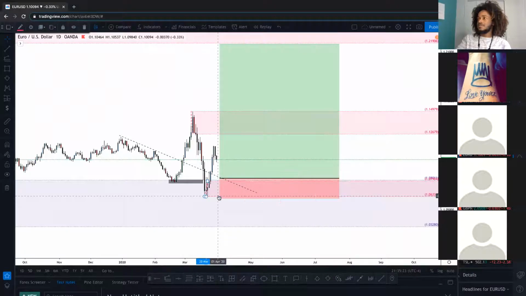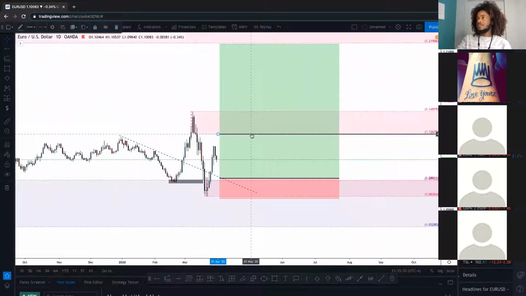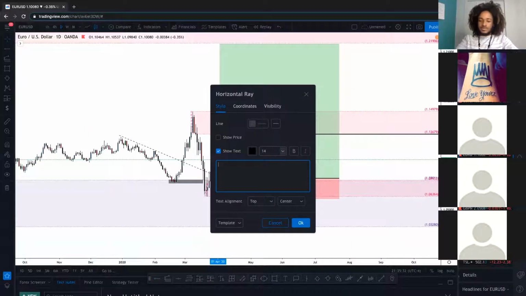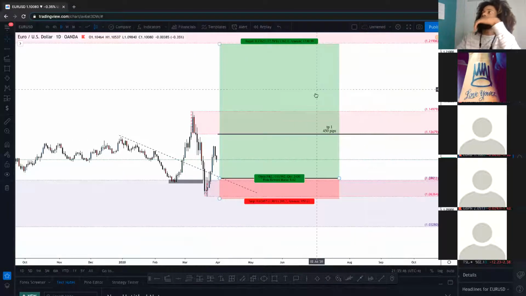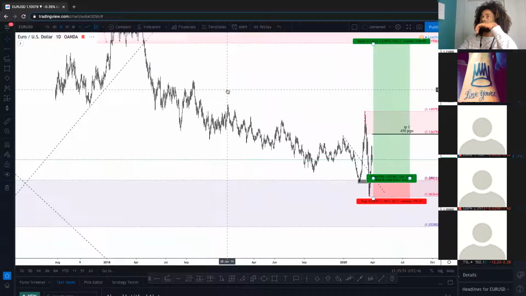TP1, 450 pips, as your first take profit. Second take profit, 1,300 pips.